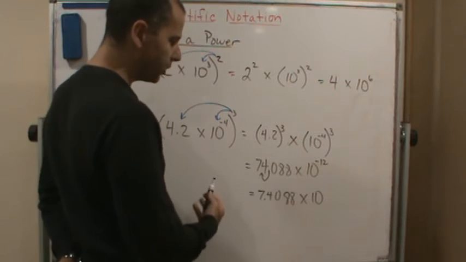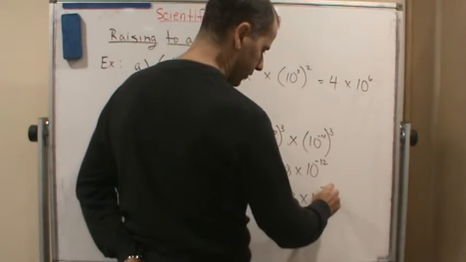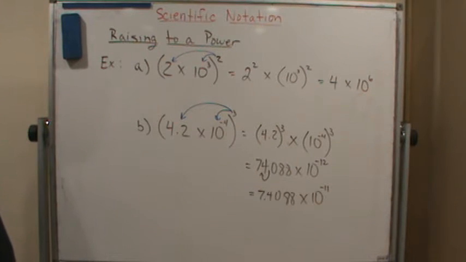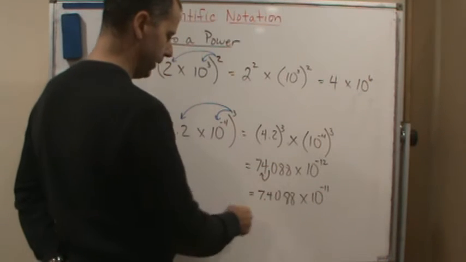I have to increase the exponent. So that means I'm going to have to go to negative 11. Okay? So again, just make sure you understand how to do that.